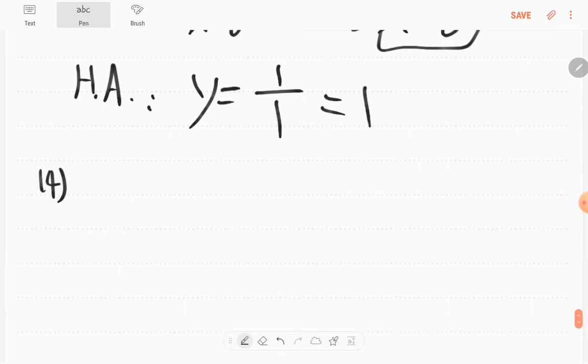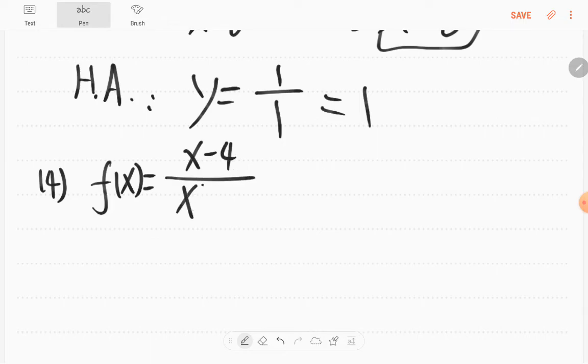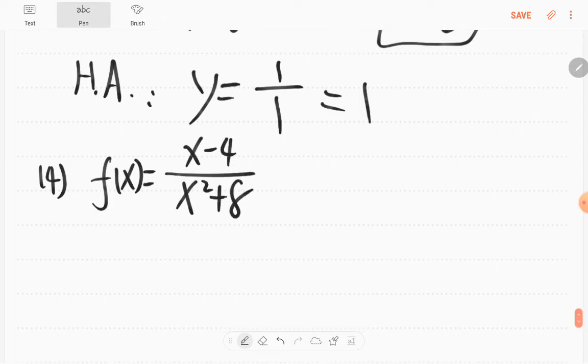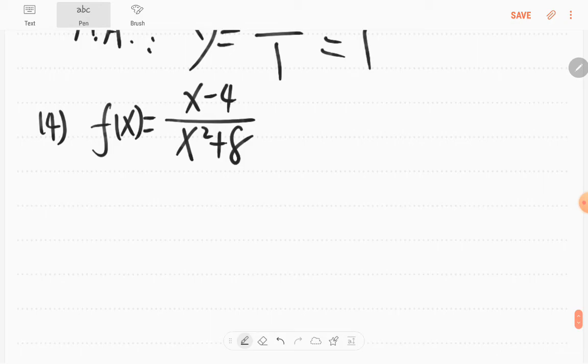Number 4, f of x equals x minus 4 over x squared plus 8. For the vertical asymptote, we need to simplify it first, but we observe we cannot simplify anymore. You cannot factorize x squared plus 8.